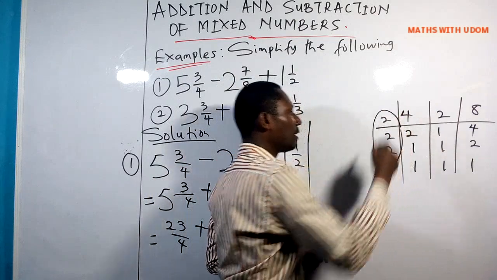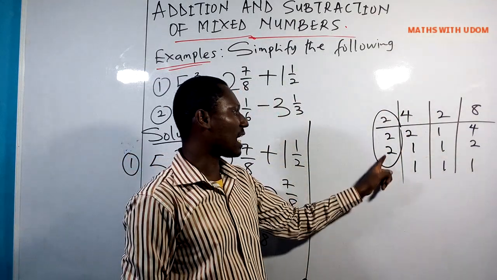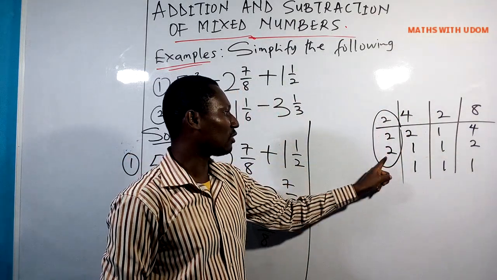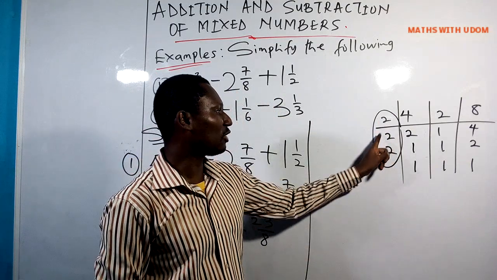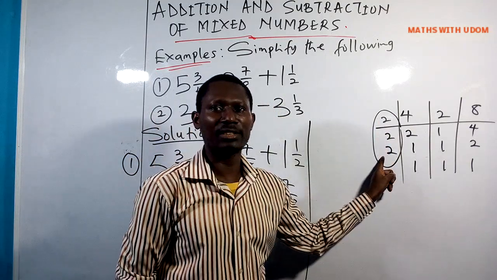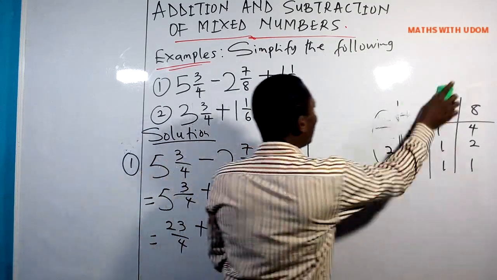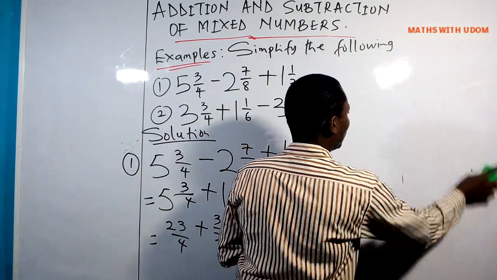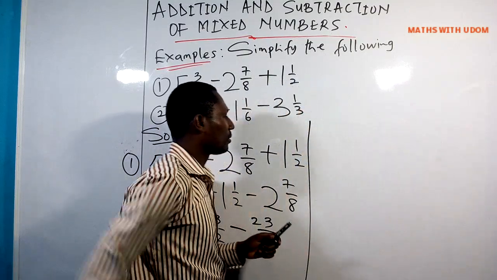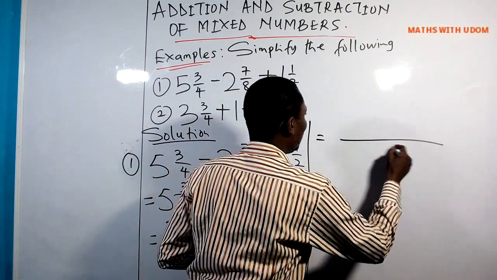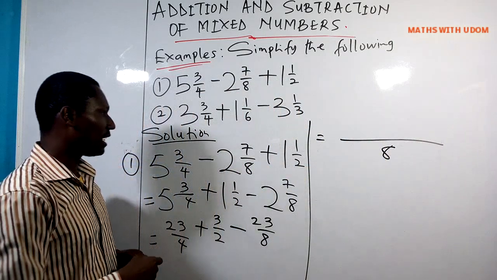So we multiply the prime numbers outside. 2 times 2 times 2 will give us 8. 2 times 2 is 4, 4 times 2 is 8. So our LCM is 8. Then we continue with 8 as our LCM.